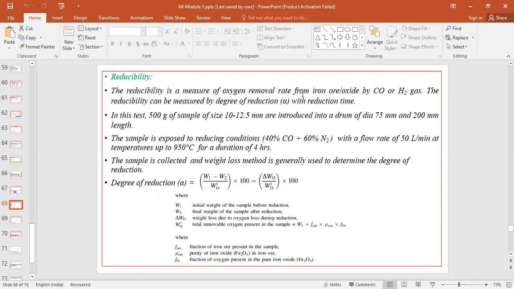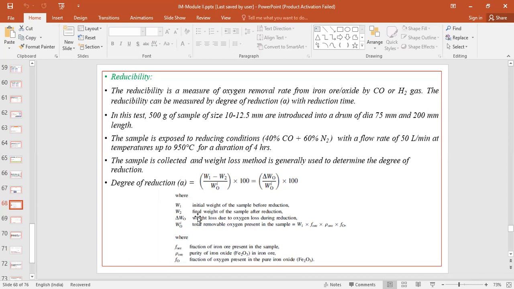So you can see from this particular formula, (W1 minus W2) by W0i into 100 is equal to delta W0 by delta W0i into 100, where W1 is the initial weight of the sample before reduction, and W2 is the final weight of the sample after reduction, and delta W0 is the weight loss due to oxygen loss during reduction, and this W0i is the total removable oxygen present in the sample.